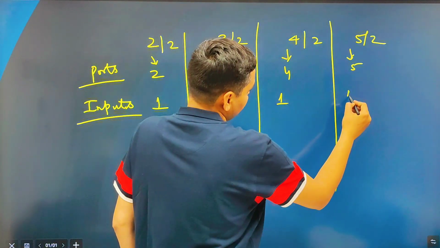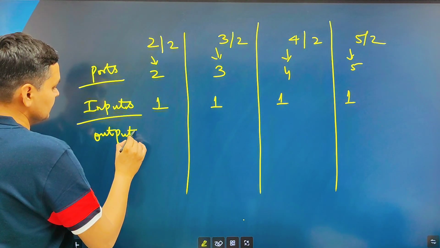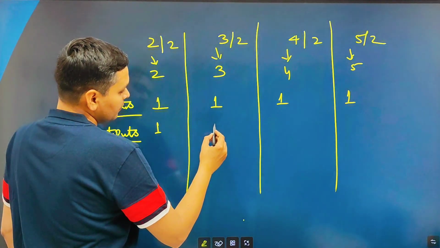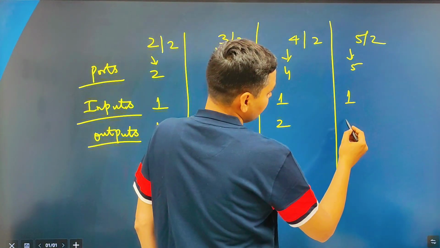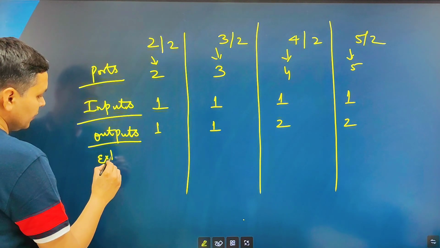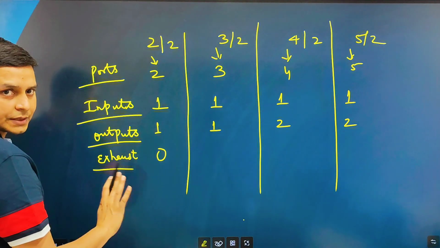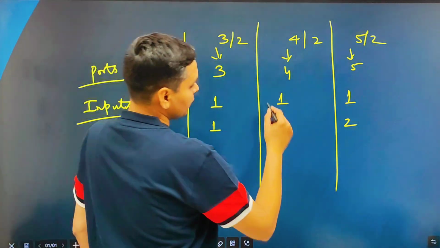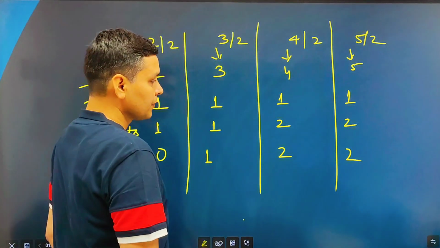Now come to outputs. 2x2 will have 1 output, 3x2 will have 1 output, 4x2 will have 2 outputs, and 5x2 will have 2 outputs. If we talk about the exhaust ports, then in 2x2 there are 0 exhaust ports, in 3x2 there is 1 exhaust port, in 4x2 there are 2 exhaust ports, and in 5x2 there are 2 exhaust ports.